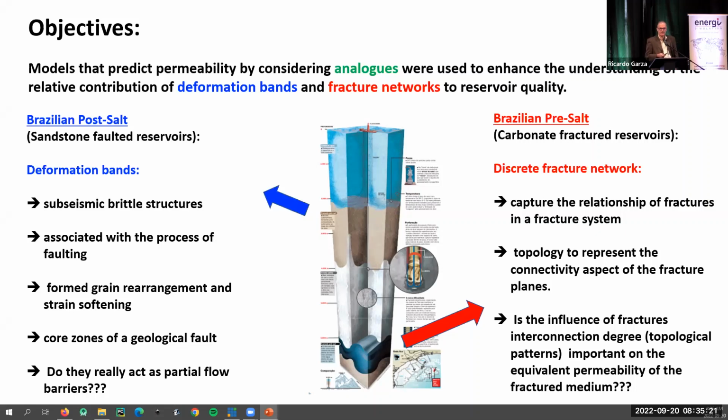We have 3 PhD students working in this area, and the question is the influence of fractures: are the interconnection degree or the topological patterns important to the equivalent permeability of the fractured medium? So we are again going to use numerical, flow-based upscaling based on outcrop data to try to put some information on this topic.